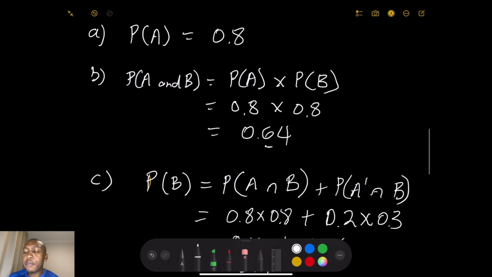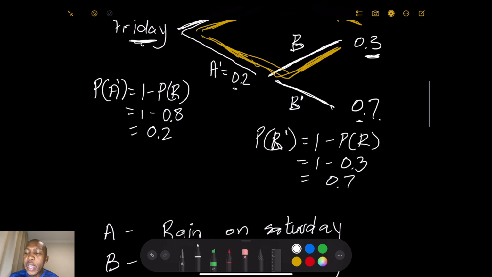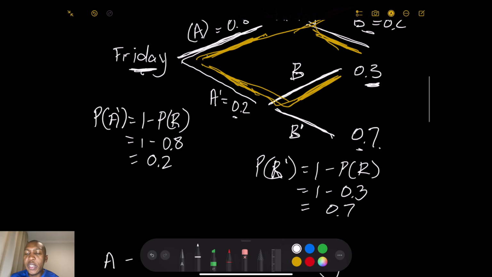Okay, right. Another way that we obviously could have tackled it, the probability of it raining on Saturday or Sunday would be 1 minus the probability that it does not rain on both days.